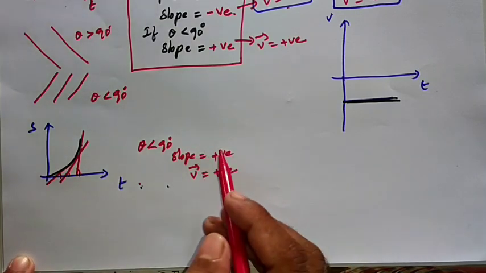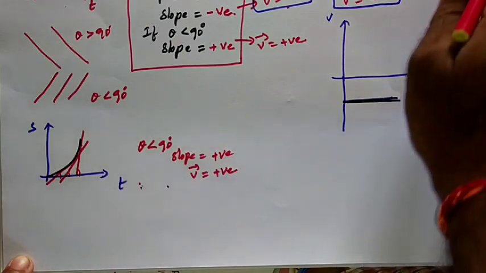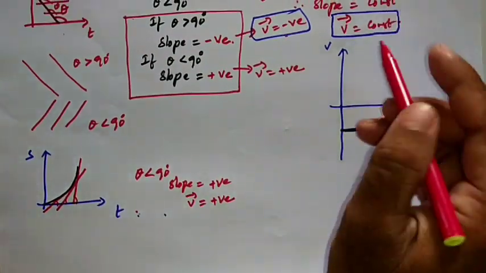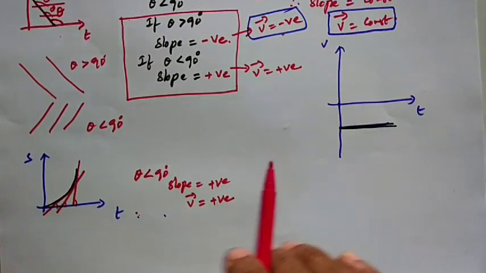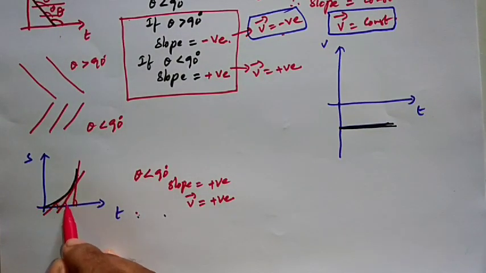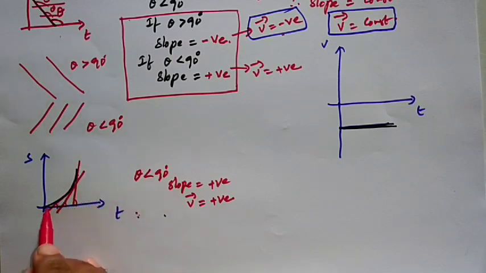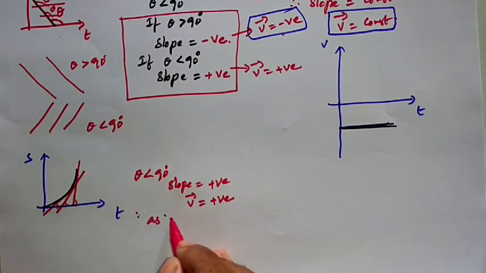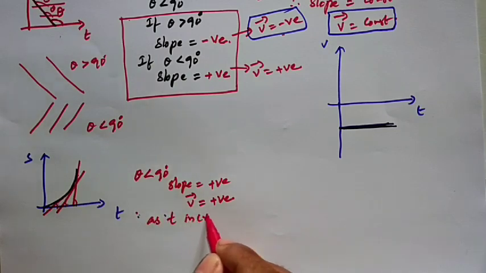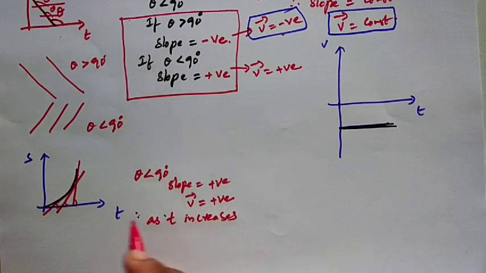velocity constant or increasing? In the previous case velocity is constant. How did I say? As the slope is constant. Now see here, theta 1, theta 2, theta 3. Is theta increasing or decreasing? As the time increases, theta increases. Yes or no? You observe carefully.